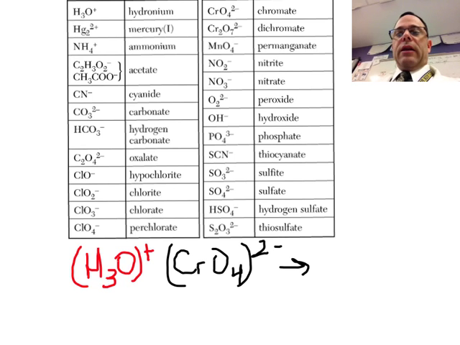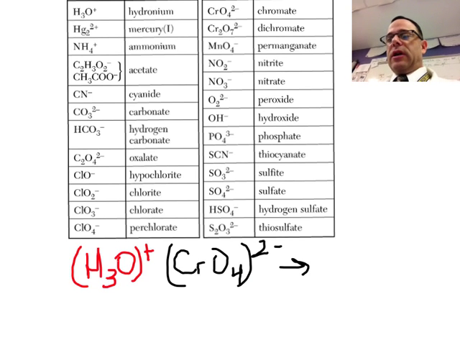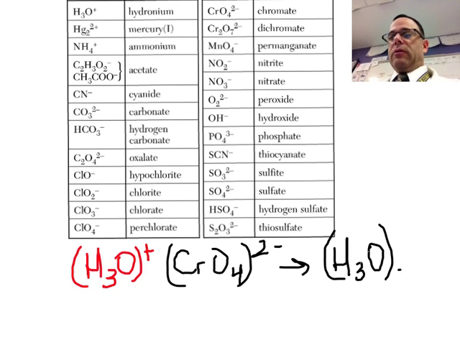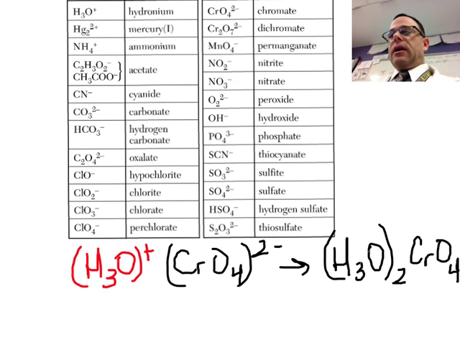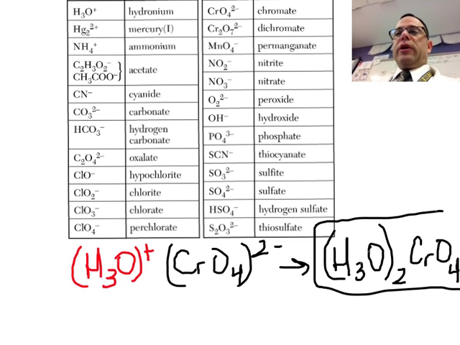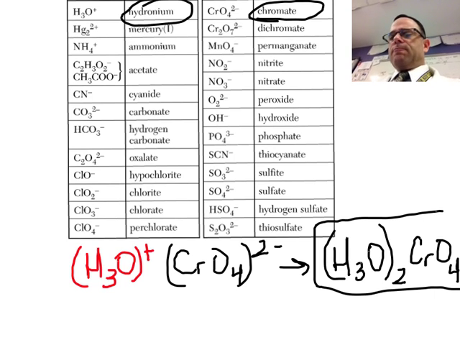If we did the crisscross, bringing this 2 down, that 1 across, it would be written as H3O, there are 2 of them, CrO4, and there's only 1 of those, so it balances just nice. So this would be the formula for when hydronium bonded with chromate.